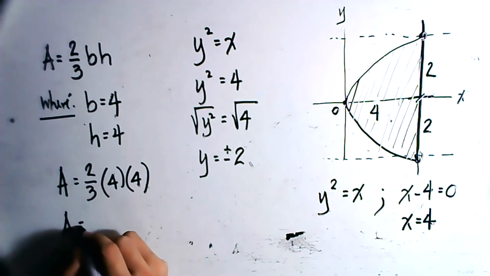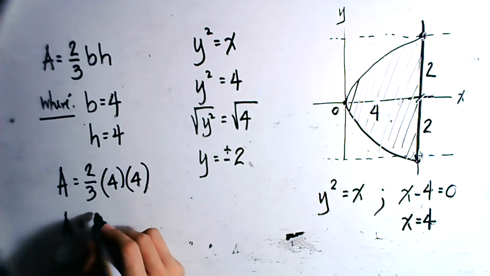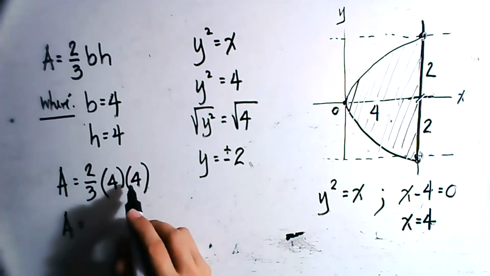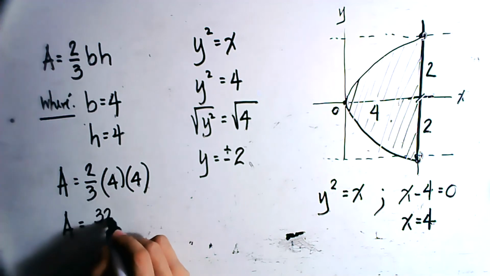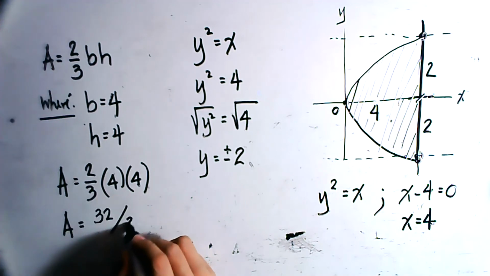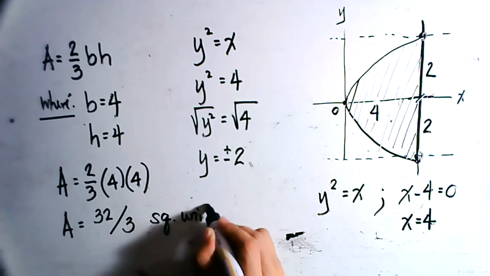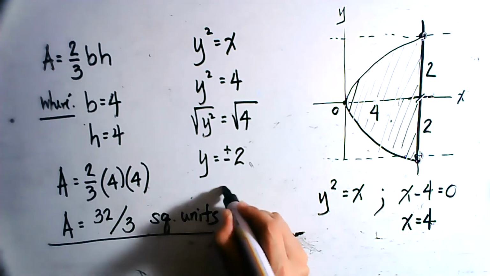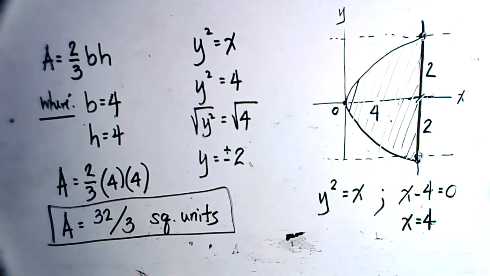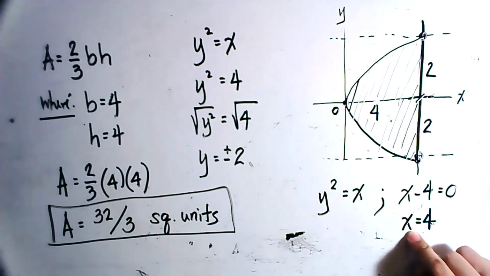So area is equals to 32 over 3 square units. Again, let me clarify what I did here. The value of x here is equals to 4.